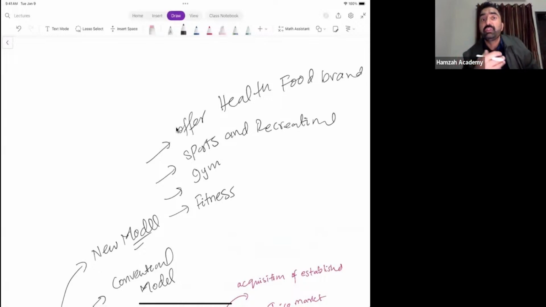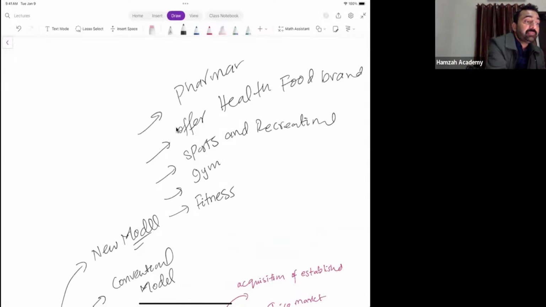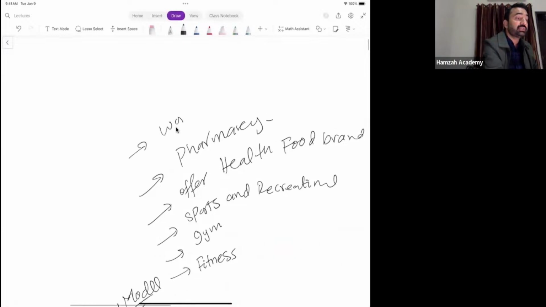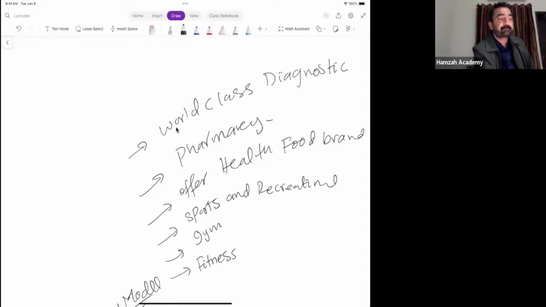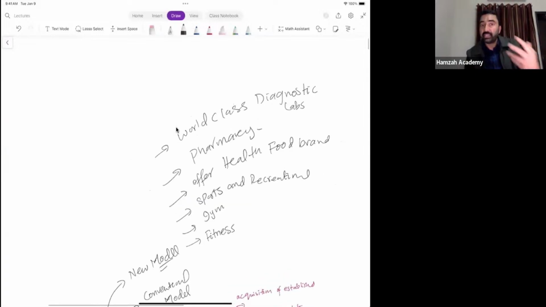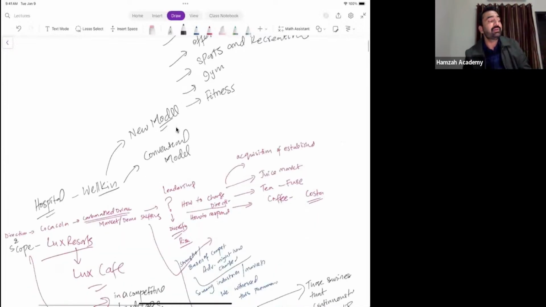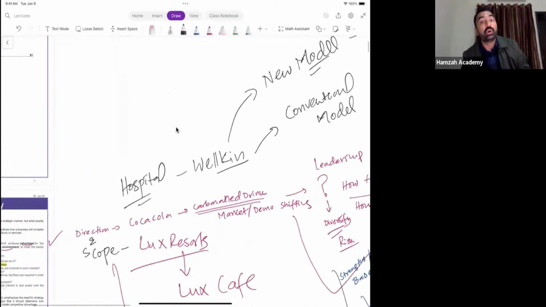And they can have their own pharmacy. One more, for example, they might have world class diagnostic labs.